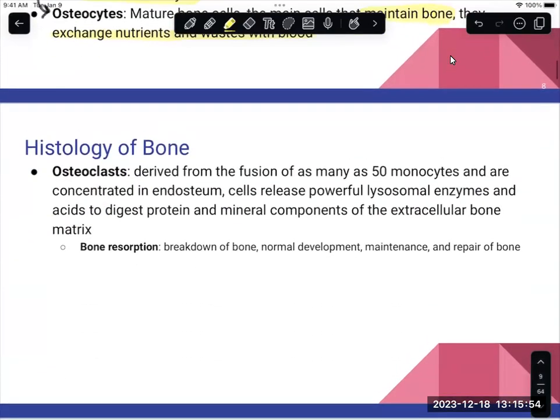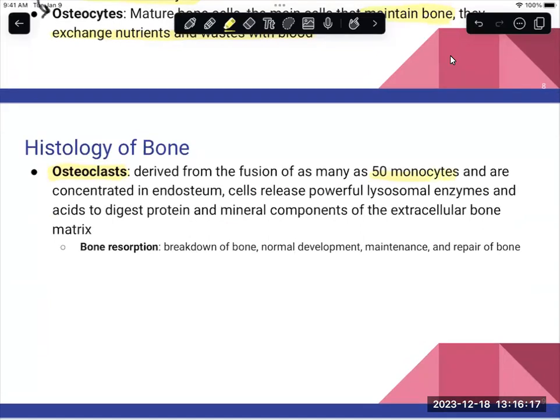The last type of cell we find in bone. We said blasts build. We have osteoclasts. Osteoclasts are cells that are going to break down bone. Osteoclasts do not come from osteoprogenitor cells.